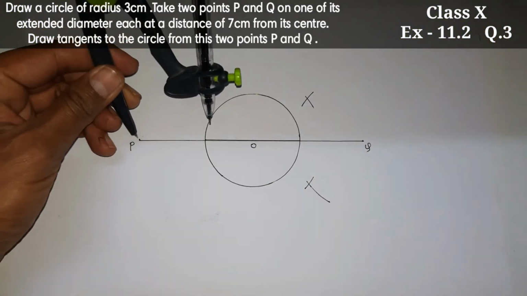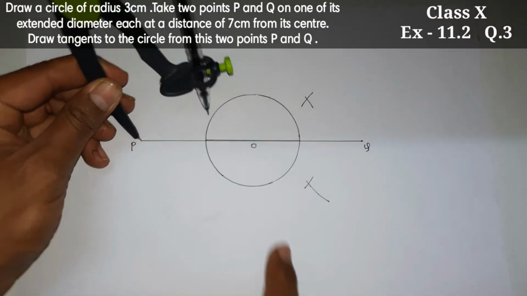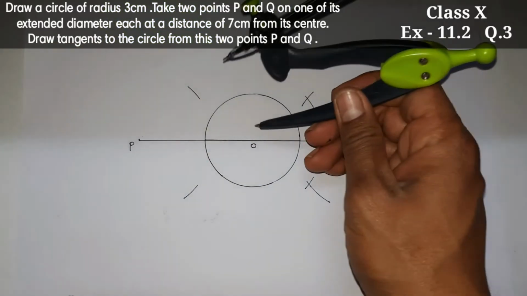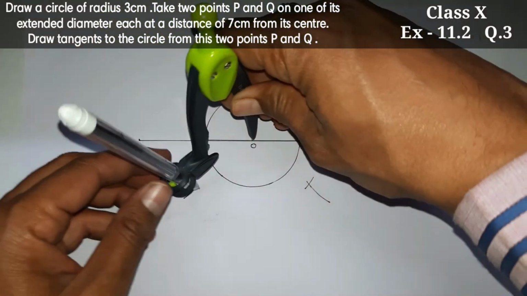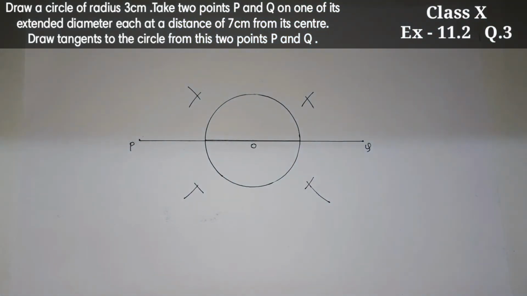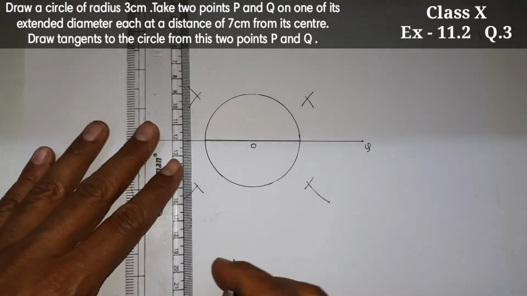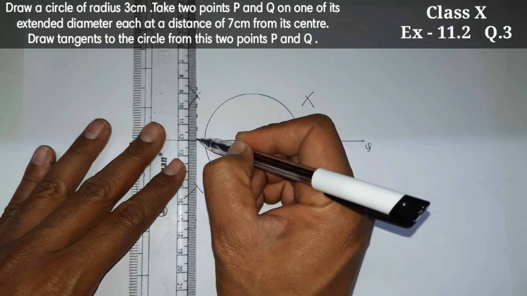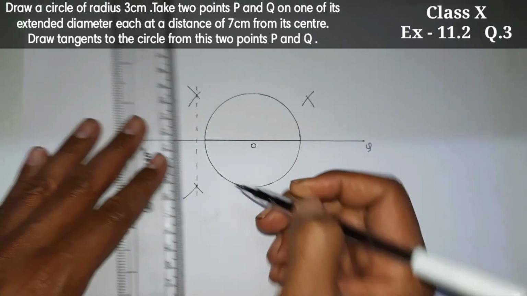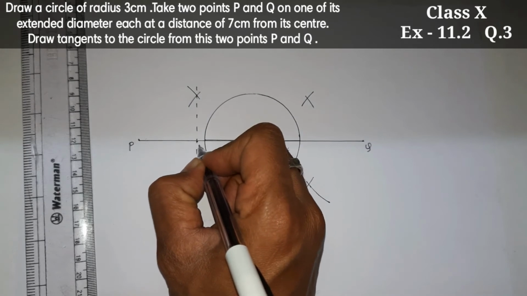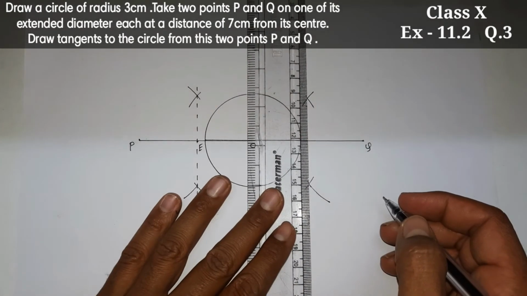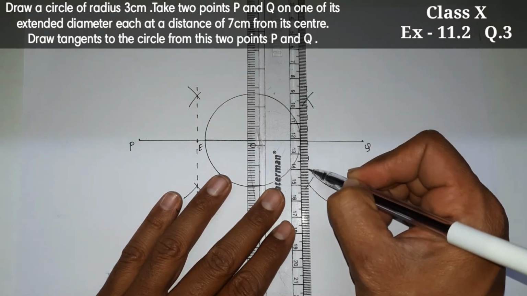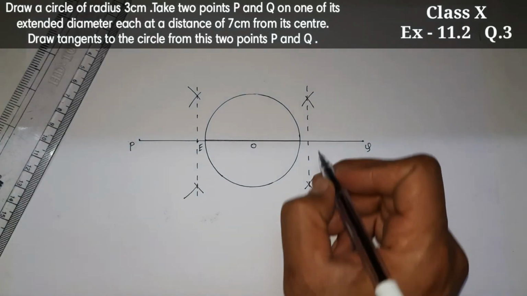Similarly, I will be cutting more than half from P then O. Now I will join this by dotted line. Let this point be E. I will join this line. Let this point be F.